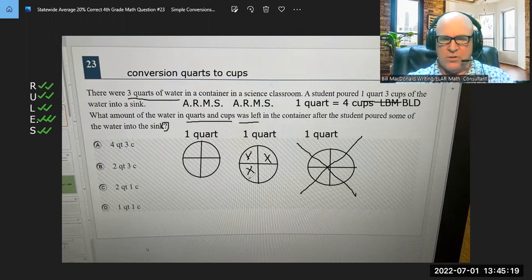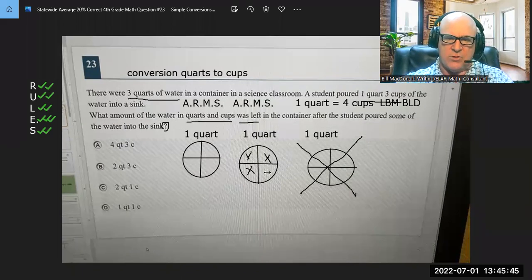So the question just asks you, how much is left? Well, I can see in quarts and cups, I either have 5 quarts left, which is not there, or I have 1 quart and I have 1 cup, because every little piece of that circle represents 1 cup.